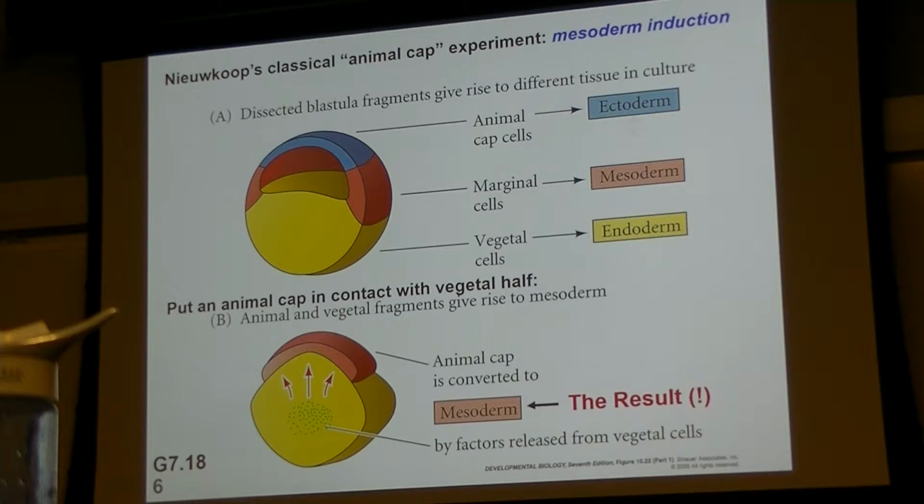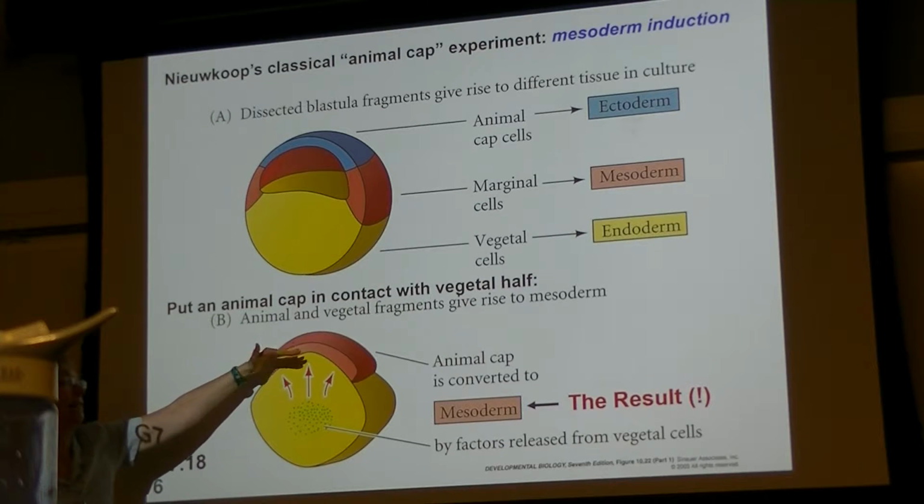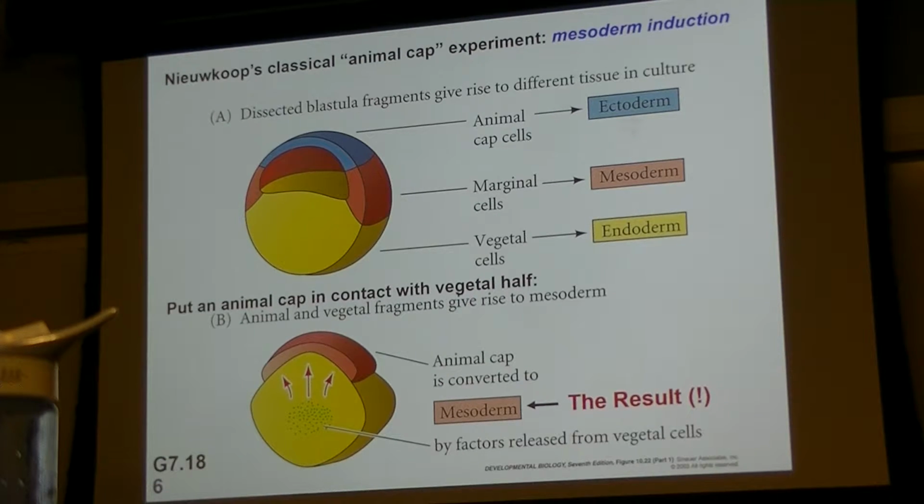Now normally, if these animal cap cells were left on their own, they became ectoderm. And he could tell this by looking at the structures that developed. But if the animal cap cells were placed in contact with the vegetal half, they changed their cell fate and became mesoderm instead, all of them.